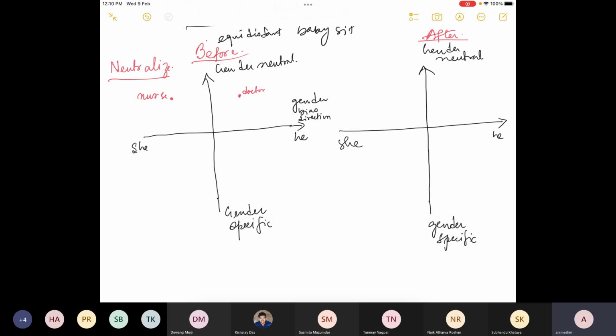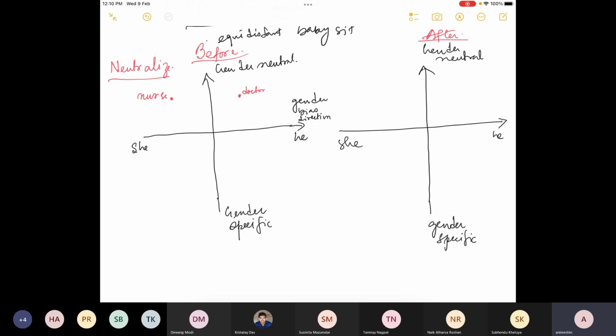Now, post neutralization, what would you expect the 2 points to be? Or where would you expect the 2 points to be post neutralization? So you want to neutralize this bias effect, okay?